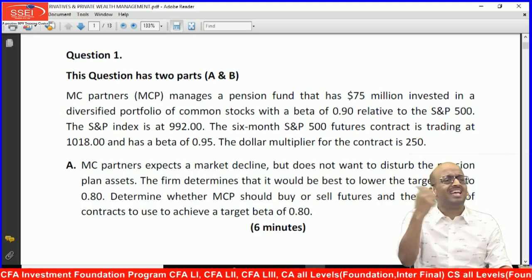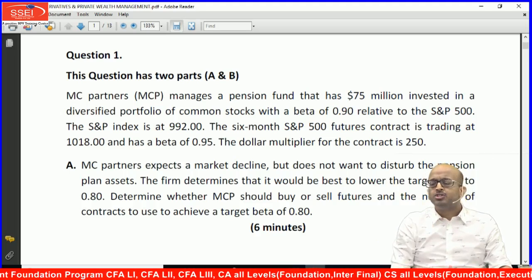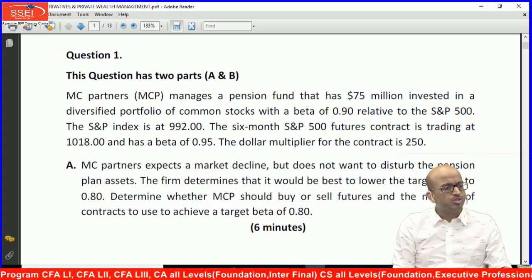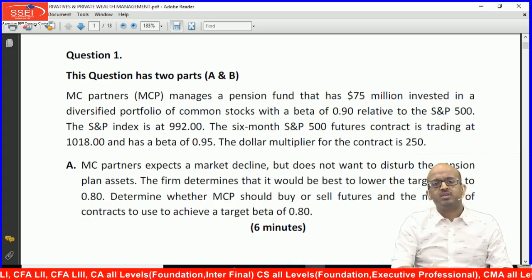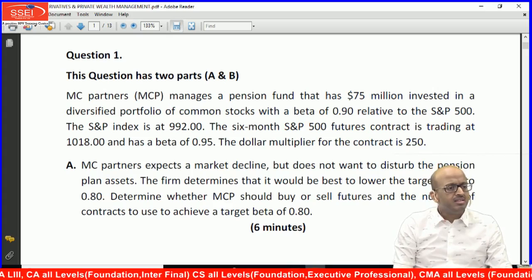It's like S plus F minus. He should go short on S&P index futures to the tune of 67.5 million.